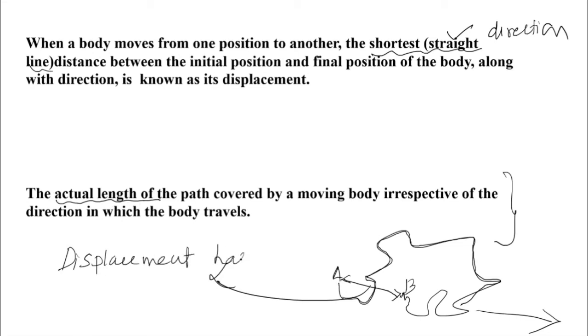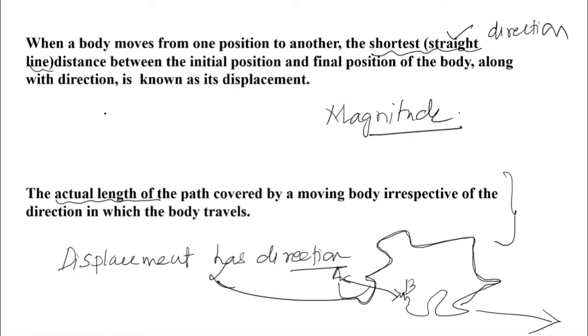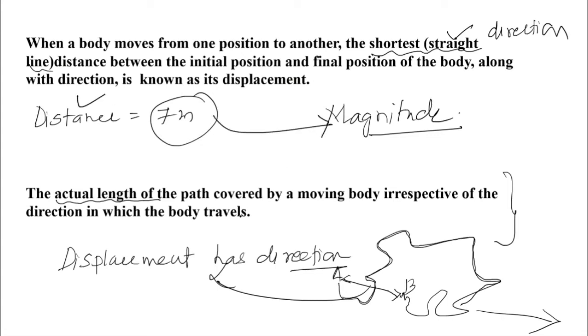Now let me tell you one more important term, that is magnitude. What do you mean by magnitude? Suppose I express distance, let's say distance is equal to 7 meter. This number tells us how much the distance is, and that how much is nothing but magnitude.